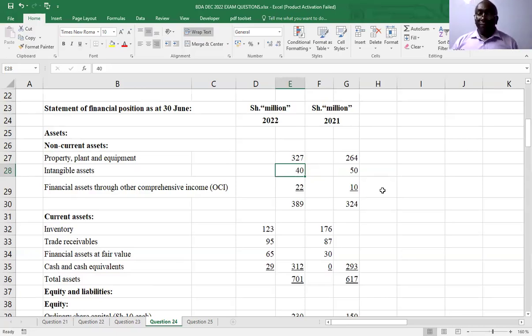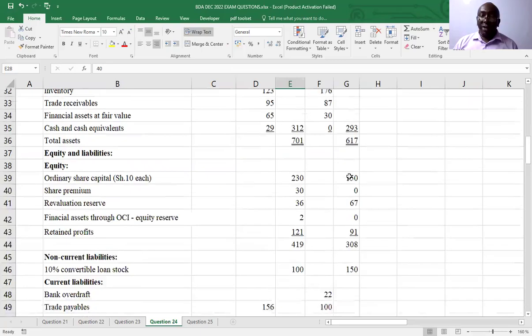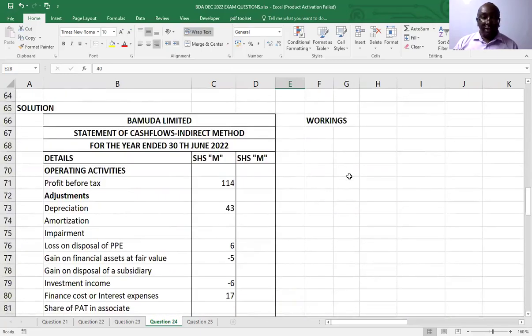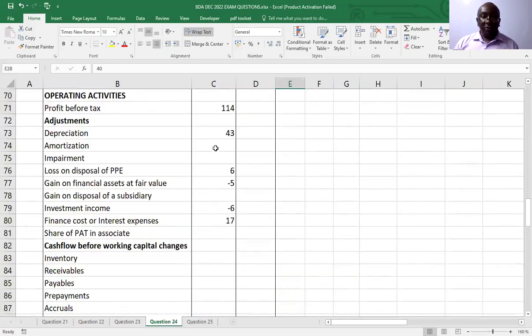First of all, you can see this one is a decrease because we went from 50 to 40, a decrease. So that means there was amortization. So the first way, you can just come here direct to amortization.